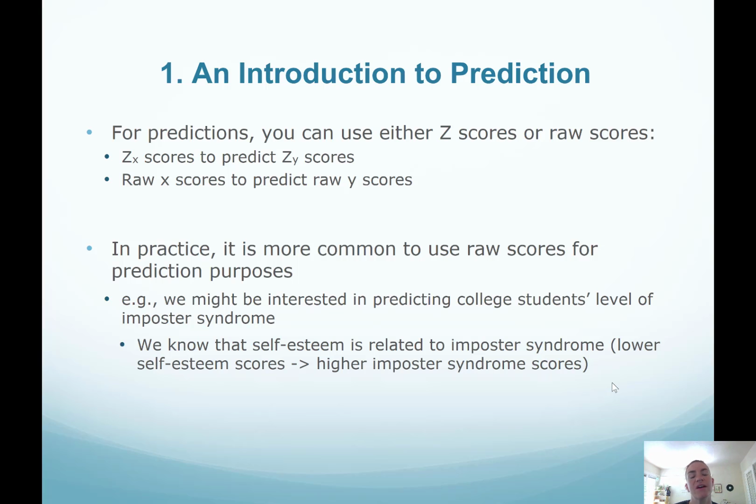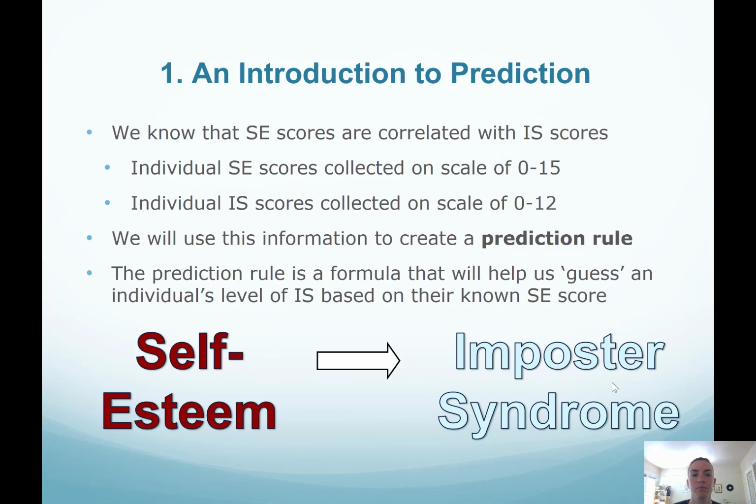And we know that self-esteem is a trait that's pretty linked to imposter syndrome. There's a lot of things that could be linked, but self-esteem is one of them. And we know specifically that people who have lower self-esteem tend to have higher rates of imposter syndrome. So we know that SE, self-esteem, is correlated with IS, imposter syndrome. So we could collect information on both of those variables.